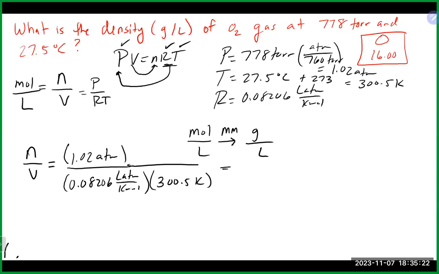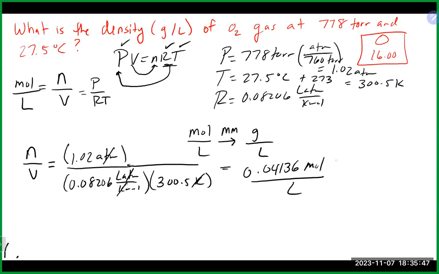So 1.02 divided by 0.08206 divided by 300.5 gives us 0.04136. This would be moles per liter, as the atmospheres will cancel, the Kelvin will cancel, and when you divide by the bottom number, the units flip up the right way that you need.